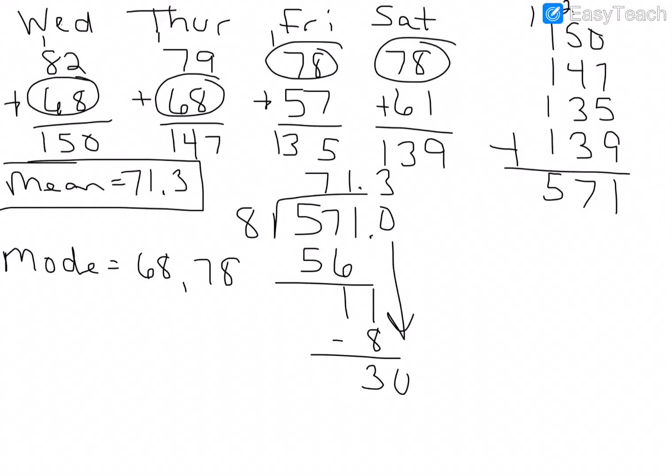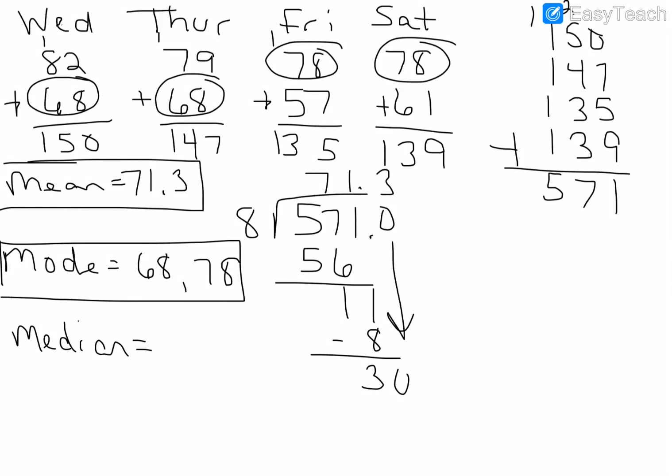And then my median is going to be right in the middle. What is the middle number? I would have to write all these out in order. So 57, 61. I'm going from least to greatest.